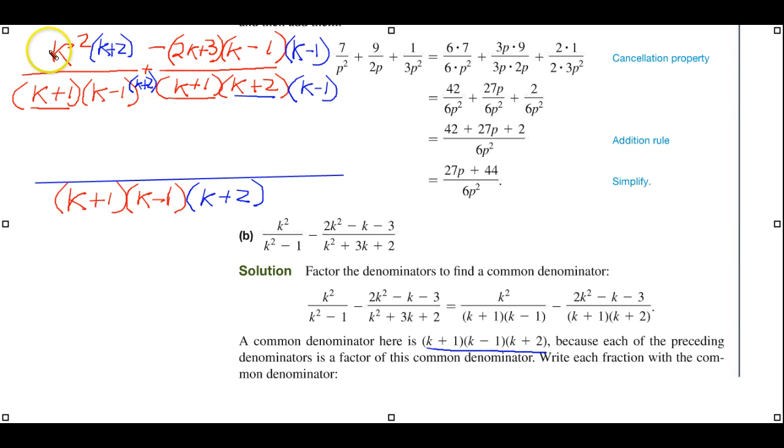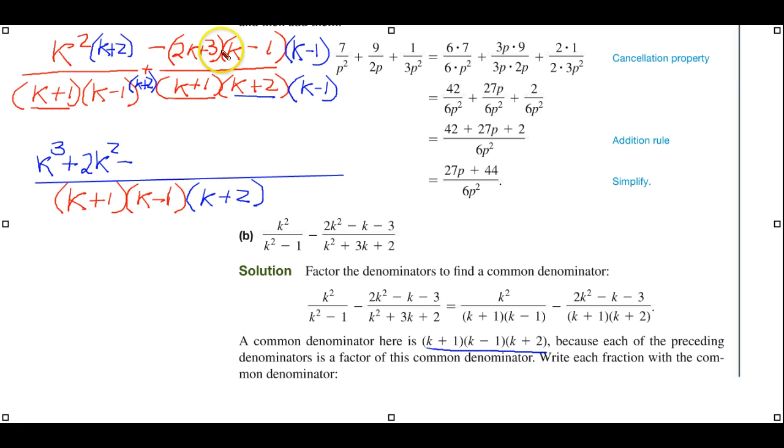Well, I have to multiply this. So this is going to give me k cubed plus 2k squared. Okay. Now our minus here.